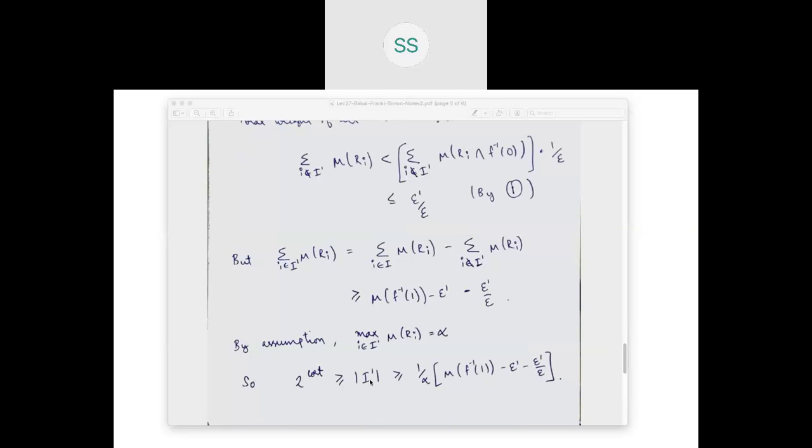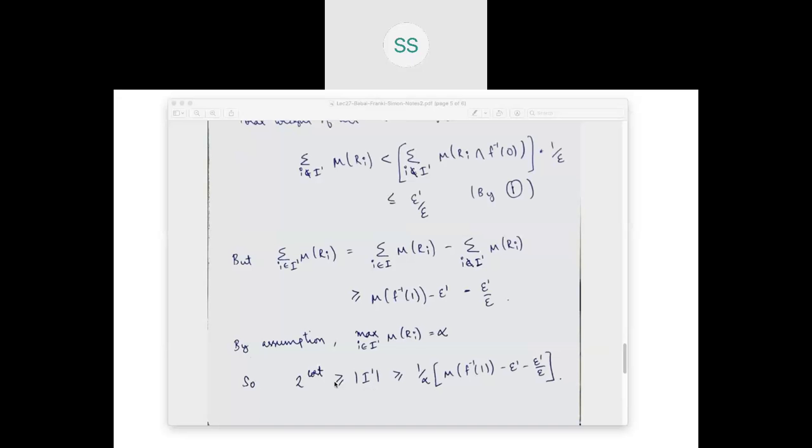Now the size of I prime is just the set of almost epsilon unbalanced one rectangles. There are other 1 rectangles, and then there are 0 rectangles. So this is smaller than the total number of rectangles, but the total number of rectangles is at most 2 to the power of the cost of the protocol. So 2 to the power of the cost of the protocol is at least the size of I prime, and the size of I prime is at least this.